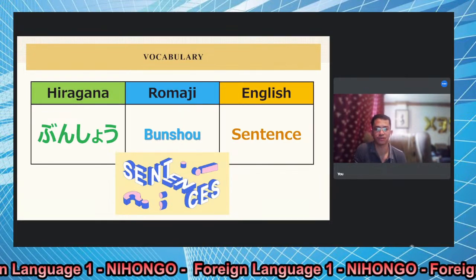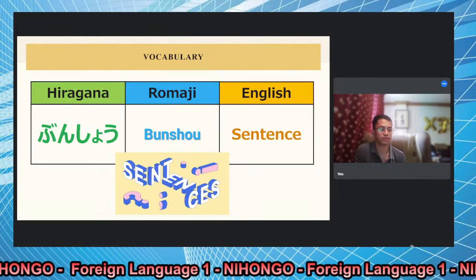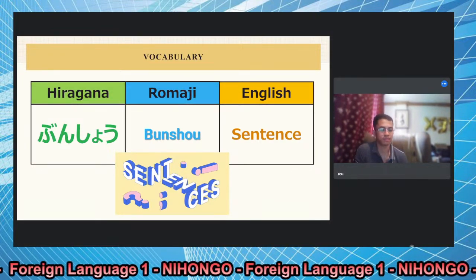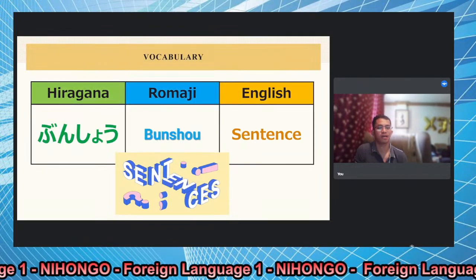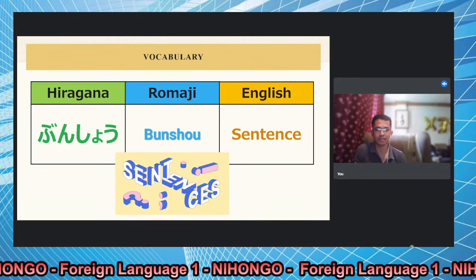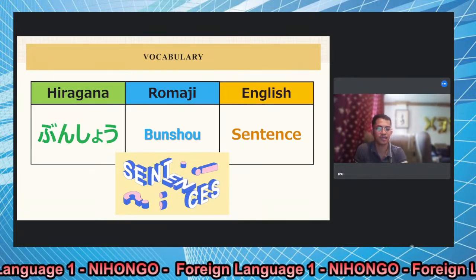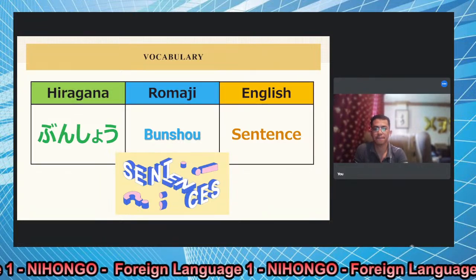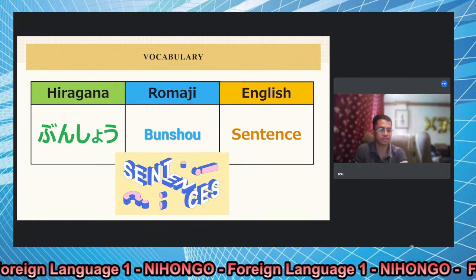That is sho. So, that is shi plus small yo. Okay? So, it becomes sho. So, yung mga ganyang klaseng words or characters, pag sa next discussion natin, i-discuss din natin. Okay? Bunsho is sentence or sentences.